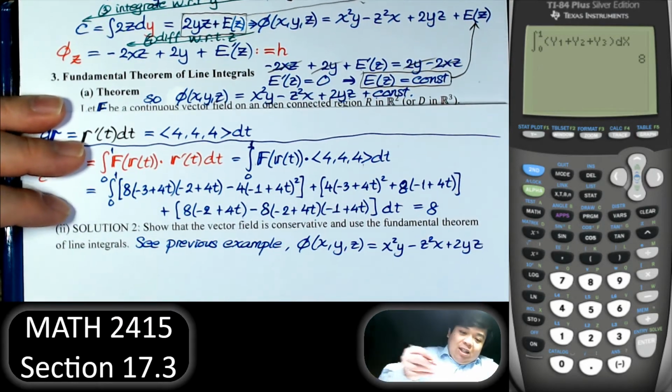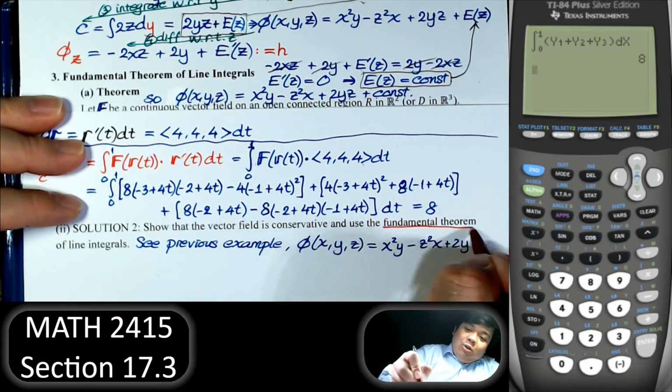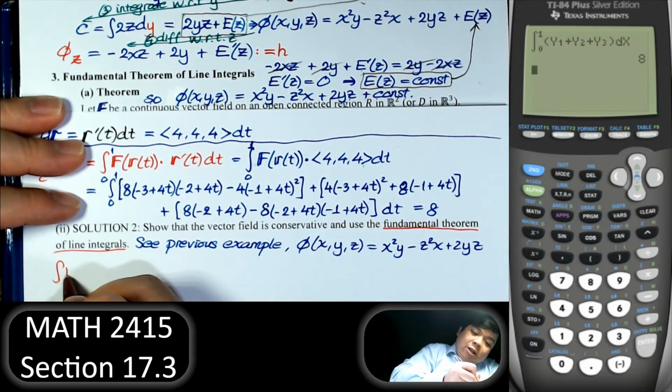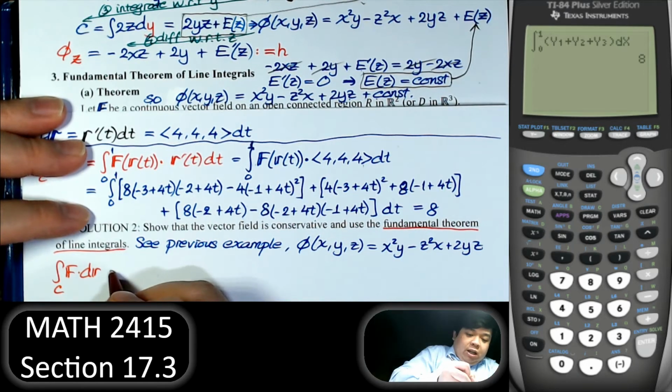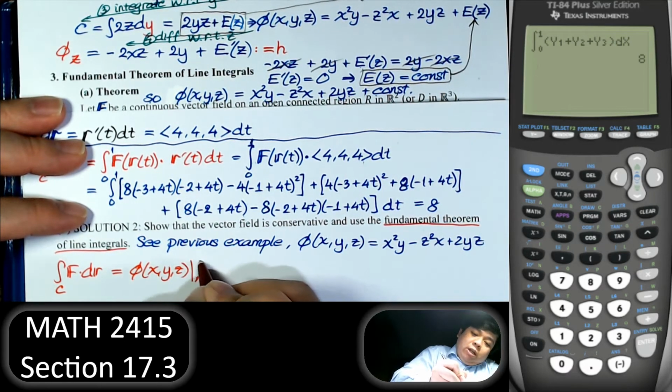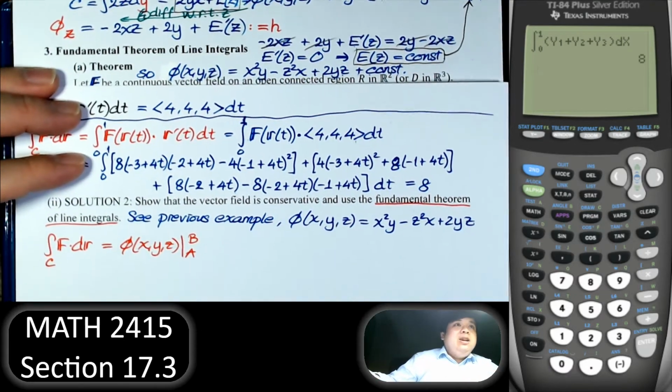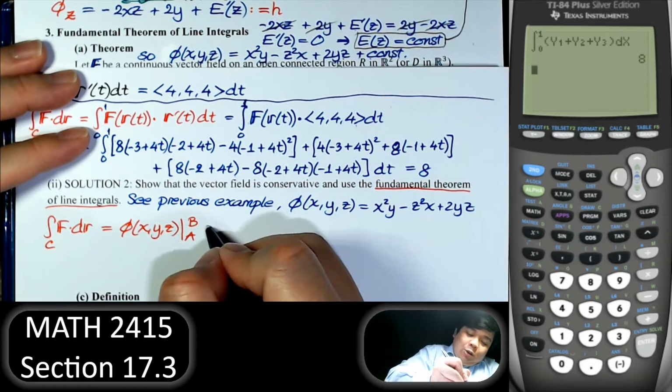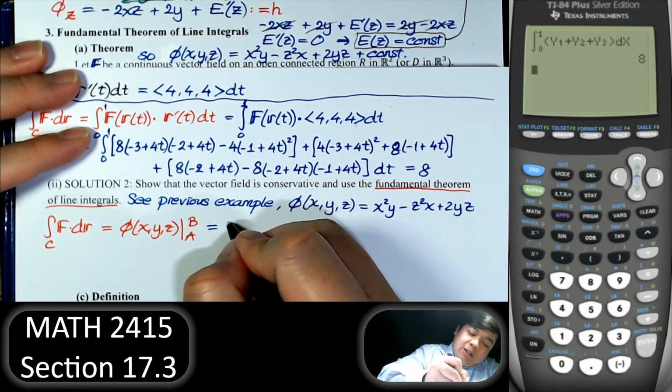So by that fundamental theorem of line integrals, the line integral of a curve C is just equal to the potential function from A to B. So the potential function is that.